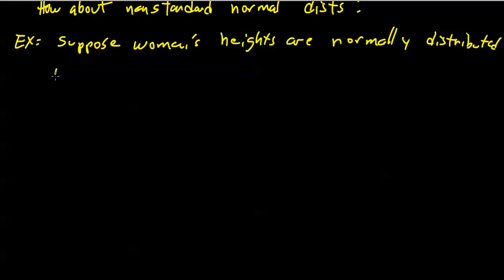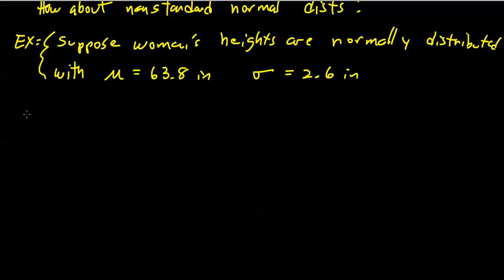with a mean of 63.8 inches, that sounds about right, and a standard deviation of 2.6 inches. Five feet tall is 60 inches, so 63.8 inches is about 5 feet 4, that sounds about right. I'm going to summarize this information like this. I'll signify women's heights with the variable x.